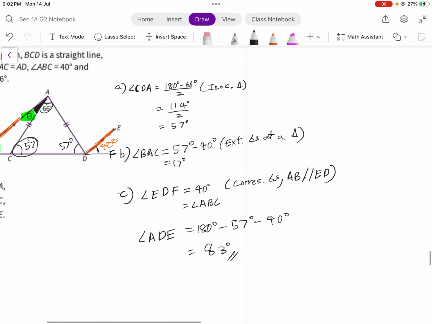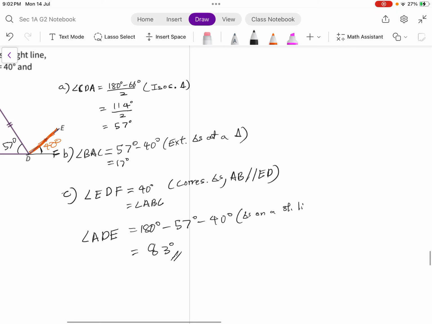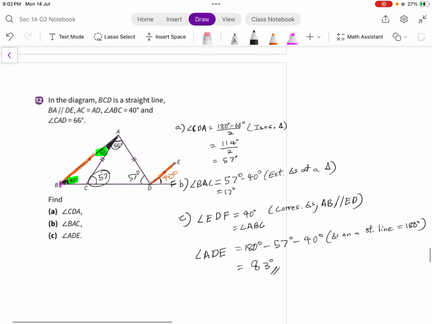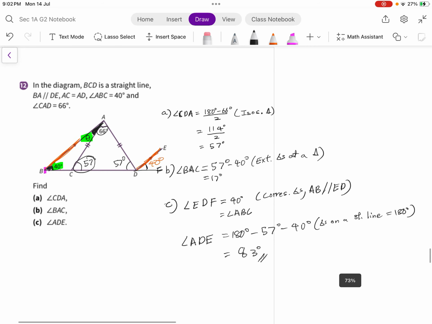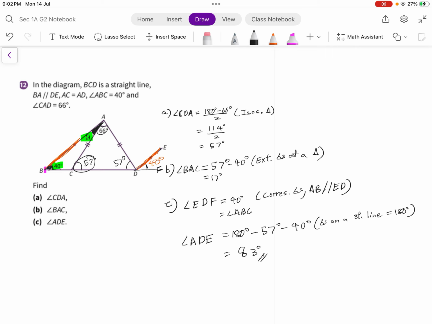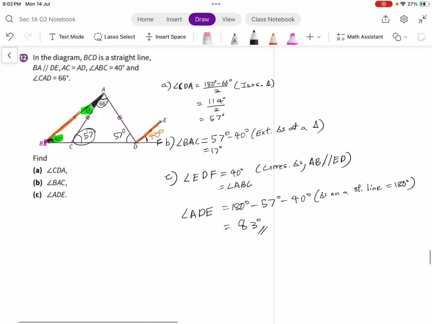Okay, what's the reason? Angles on a straight line equal 180 degrees. Even though they didn't state the reasoning, try to state the reasoning here, because you need to practice, right?